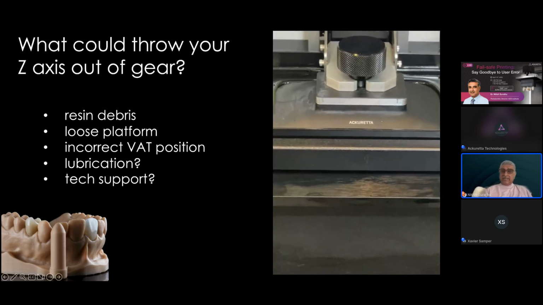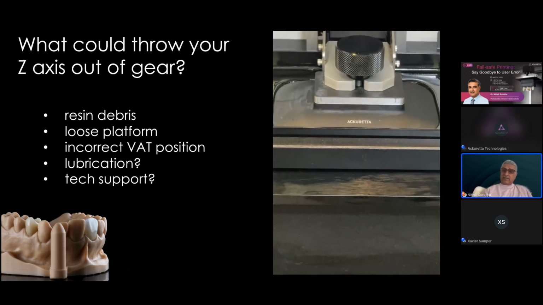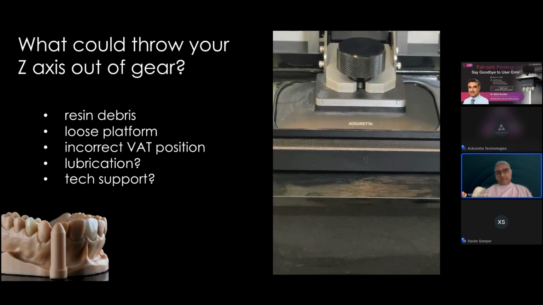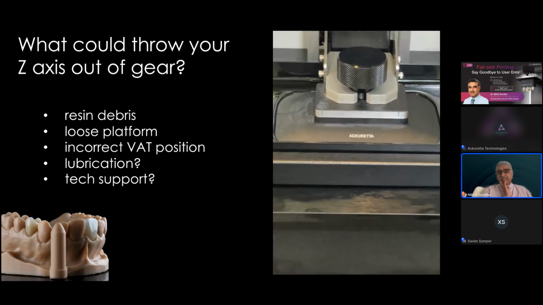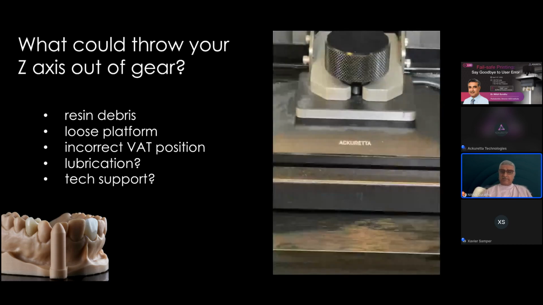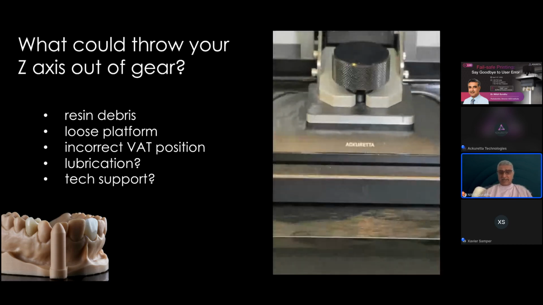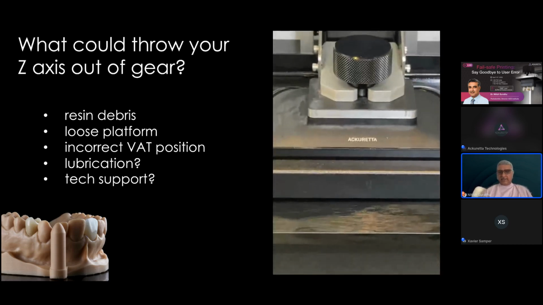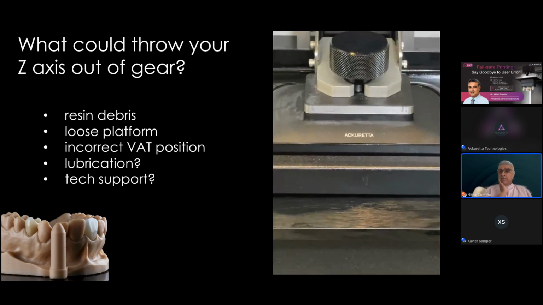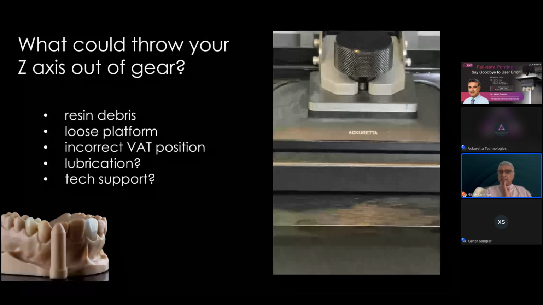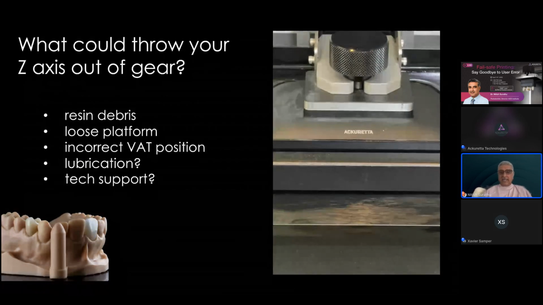The resin now is being displaced by the platform, and the edges of the platform are being covered by the resin in the vat as it encloses a 50 or 100 micron layer or whatever it is in order to start additively manufacturing a 3D print. But let's assume you've had a failure in the past with this particular printer. And let's assume that you left behind some particular debris in the resin of the tank.